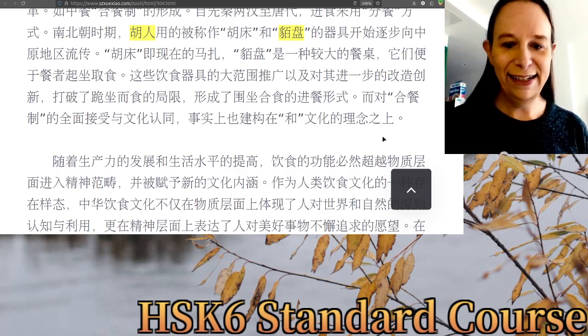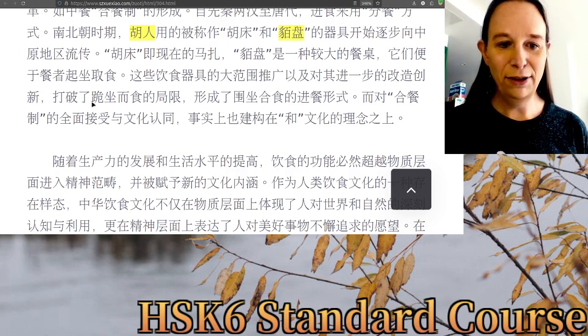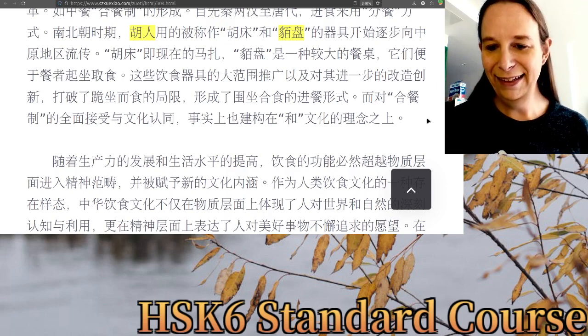So we're now sitting around a table. We don't have to like squat or kneel.